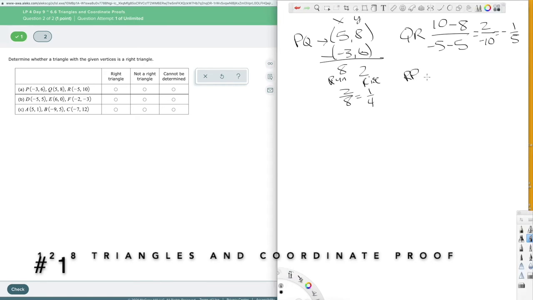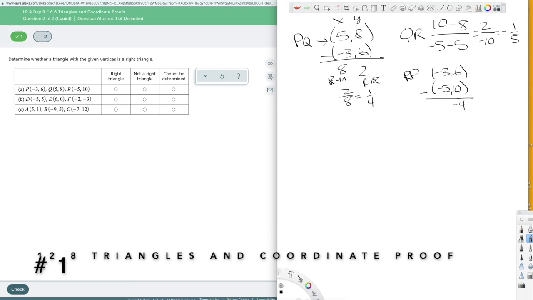I'm going to go ahead and stack my pieces here just because for whatever reason I like this a little bit better. So I have -3 over 6 and -5 over 10. So I'm going to subtract. I have 6 minus 10, and that gives me -4. -3 minus -5.